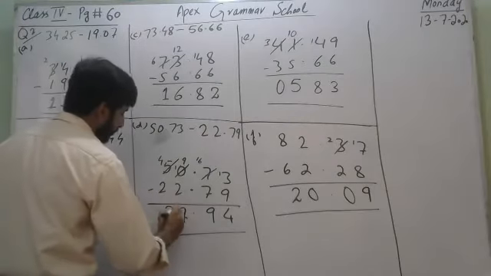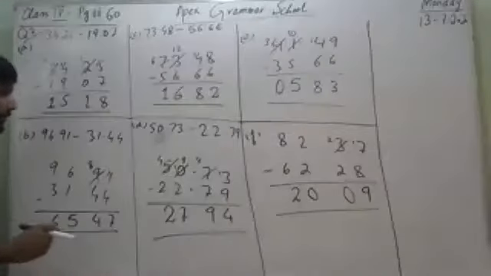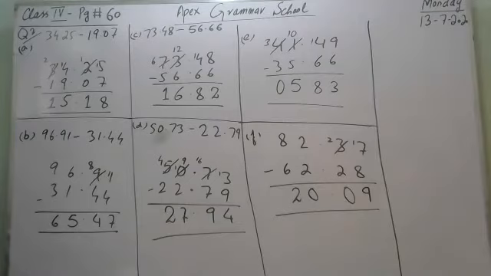And 4 minus 2 is 2. 27.94 is the answer of D part, question number 2, page number 60.